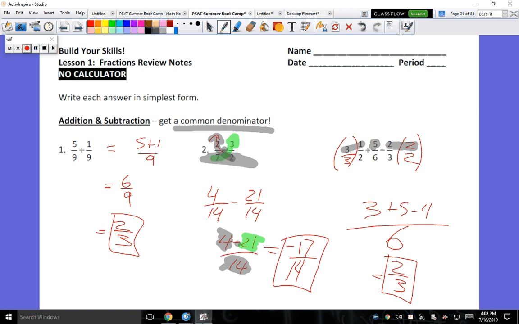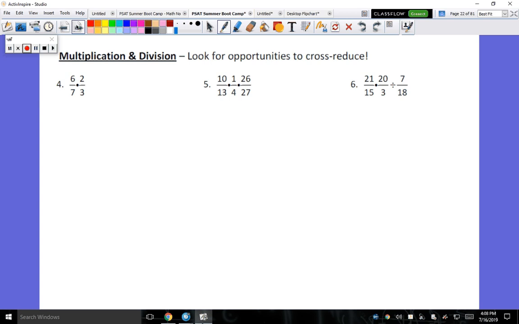Questions? Fairly simple. Do I need common denominators for multiplying and dividing? No. But I'm going to be looking to cross reduce, otherwise reducing forms of what? I keep repeating a lot of stuff because they all tie together. Forms of 1, right? So reducing forms of 1. Guys, could I have written this like this? Can I do that?